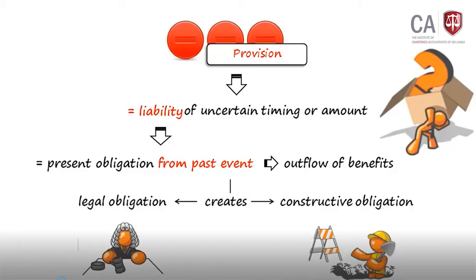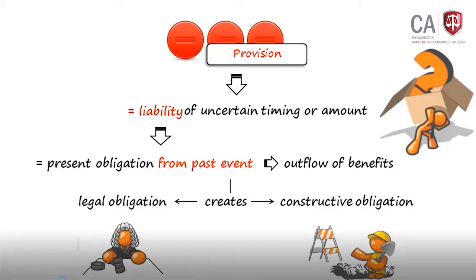There are three key parts in that definition. It's a present obligation as a result of a past event. When you settle that obligation, you expect an outflow of economic benefits. That's the definition of liability. All these three conditions are satisfied when it comes to provisions as well.